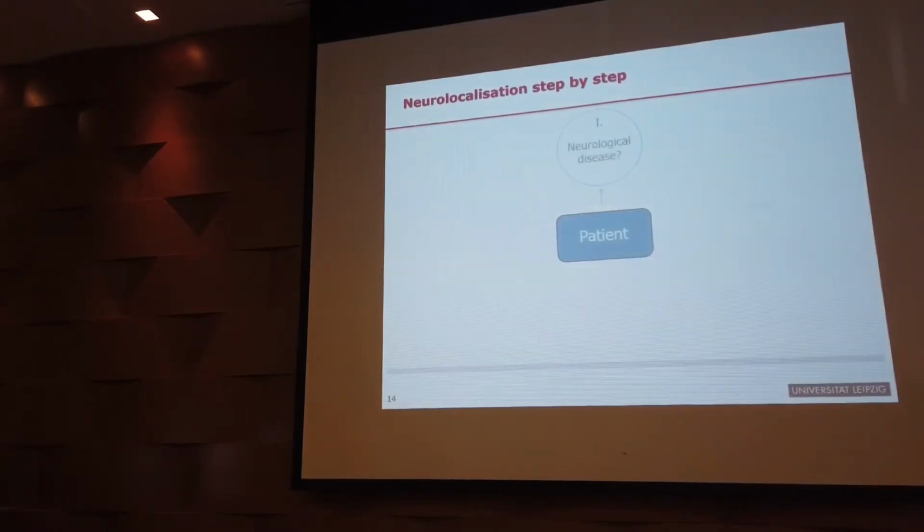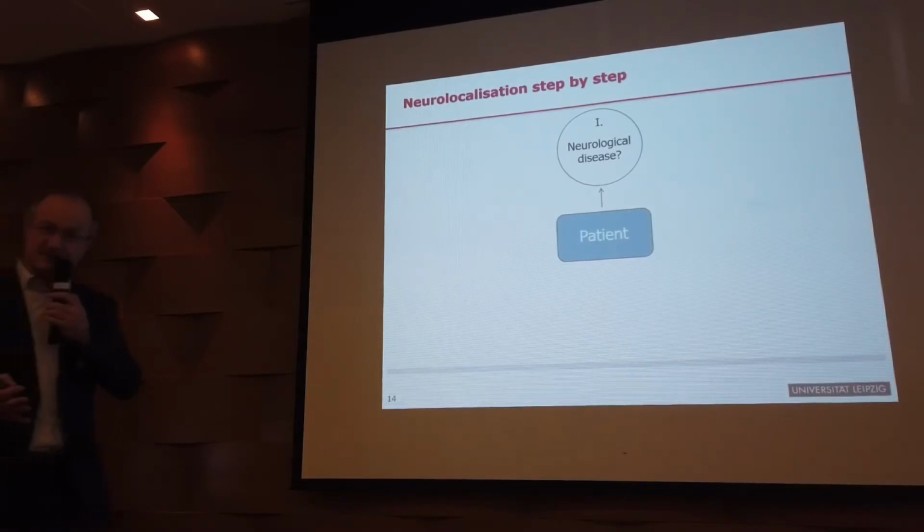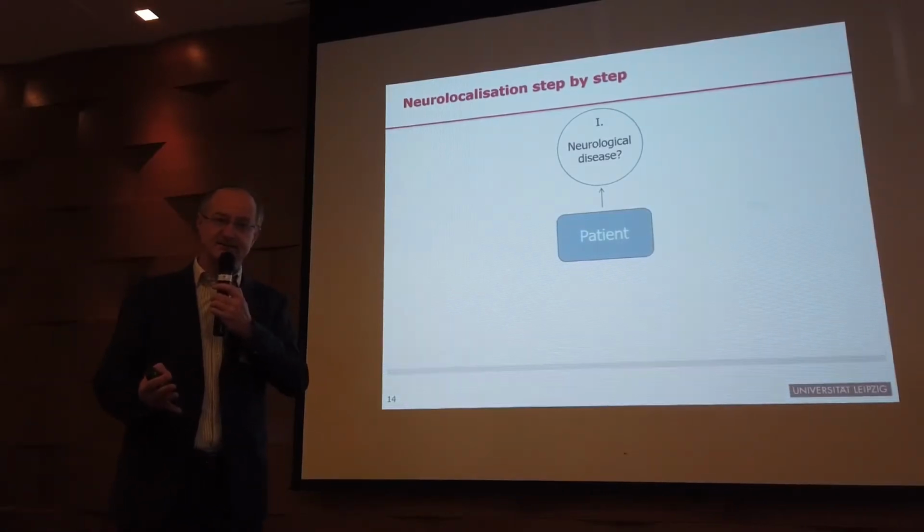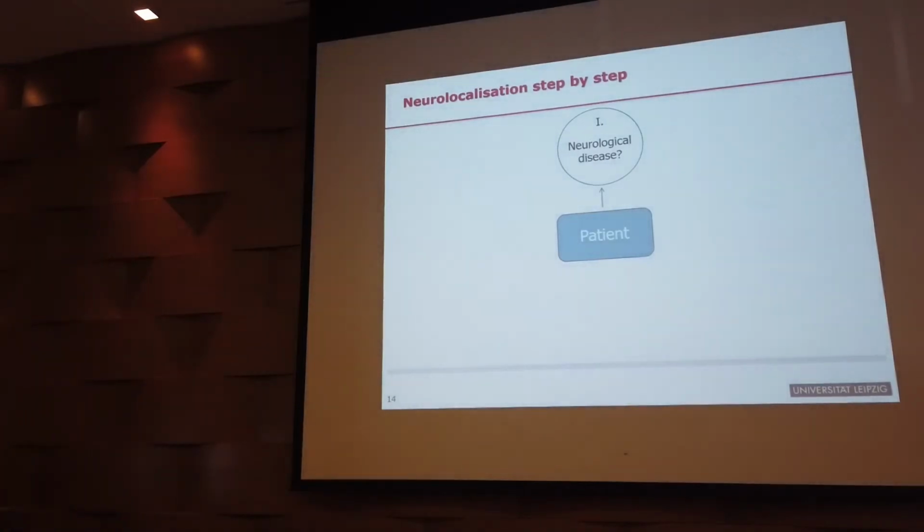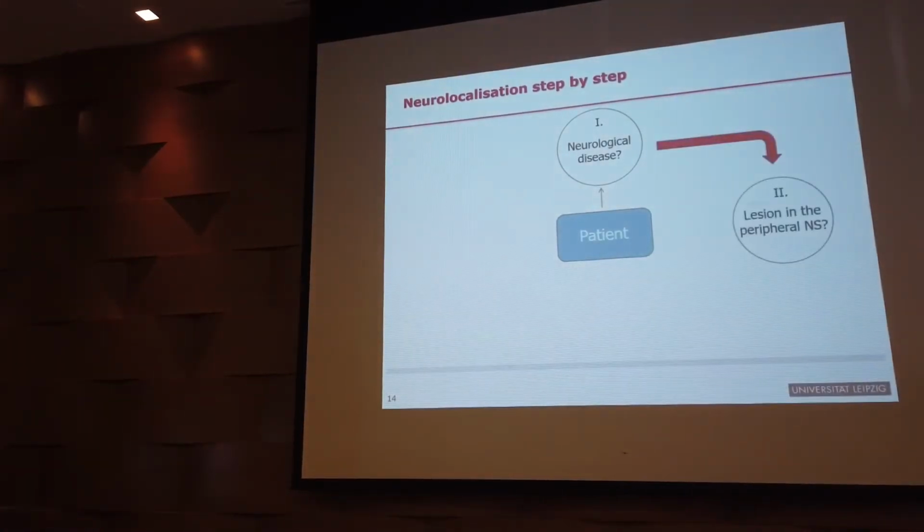If you have a patient, the first thing we want to determine is, and that's what you said, is that a neurological disease or is that something else? Once we have answered that question with yes, the second question is, can that patient have a lesion in the peripheral nervous system? That's quite different than many other people teach, because the peripheral nervous system, that's somehow neglected, that comes at the end.